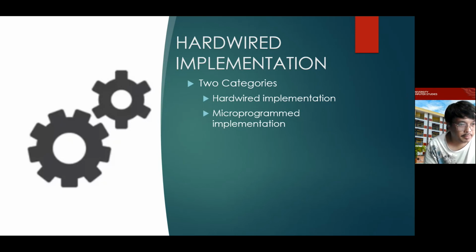In the hardwired implementation, the control unit is essentially a state machine circuit. Its input logic signals are transformed into a set of output logic signals, which are the control signals.